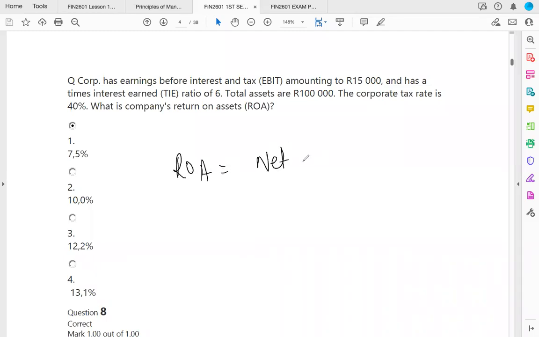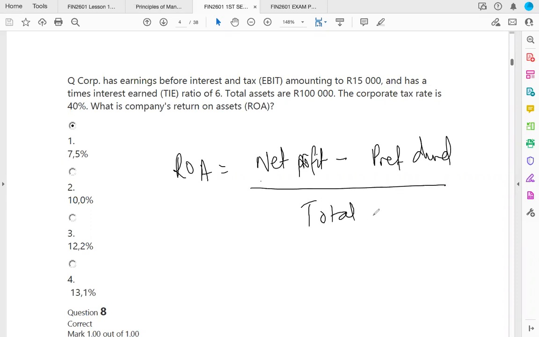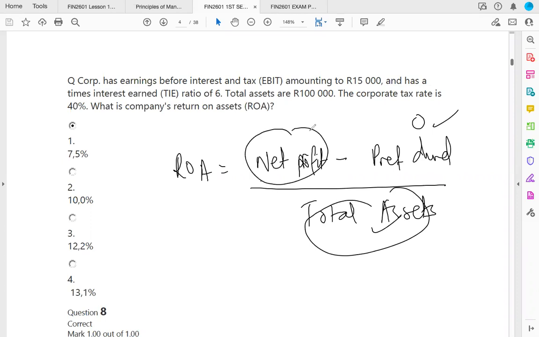You should have a formula list of these ratios, or you should have memorized them: net profit minus preference dividends over total assets. So this is our formula. Then you quickly check, have I been given the things I need here? We don't have any preference dividends. We've been given total assets, but we don't have the net profit.